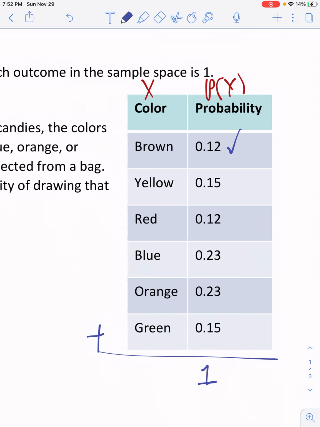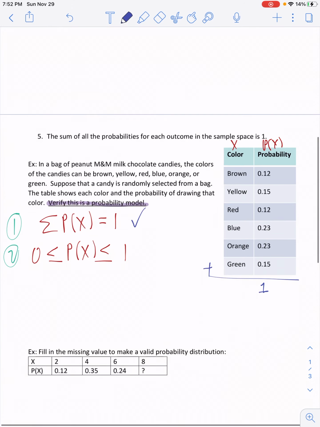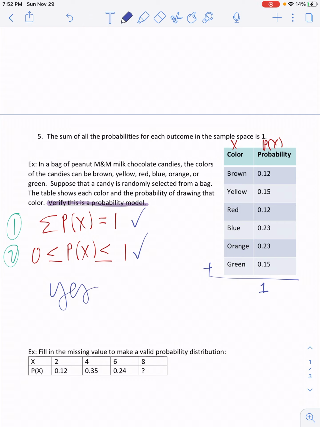This is between 0 and 1, this is between 0 and 1, and so on. So basically nothing bigger than 1 and no negatives. So that checks too. So this is a probability model. To verify, we just need to check those two things.